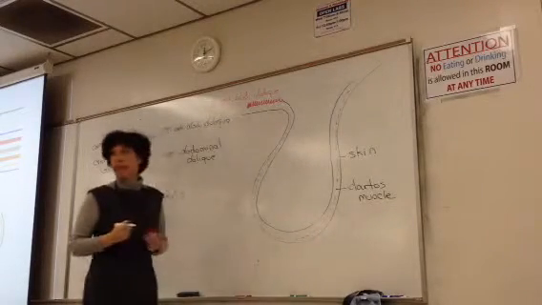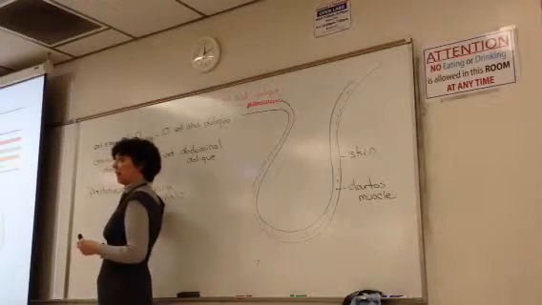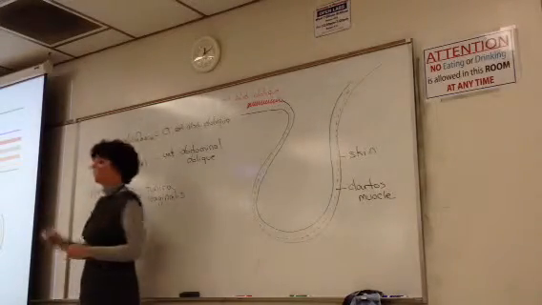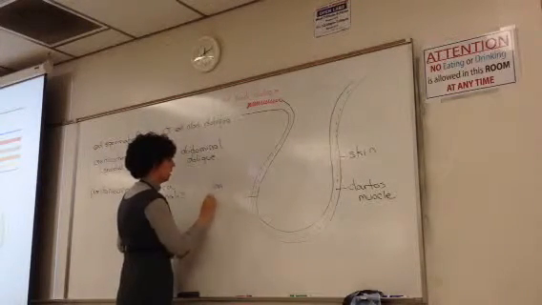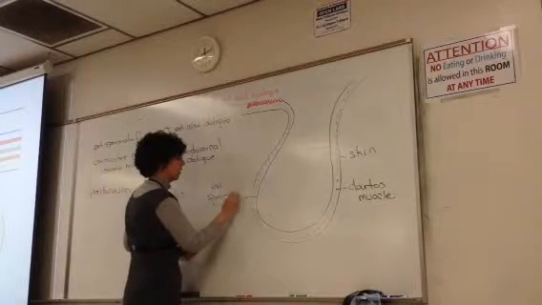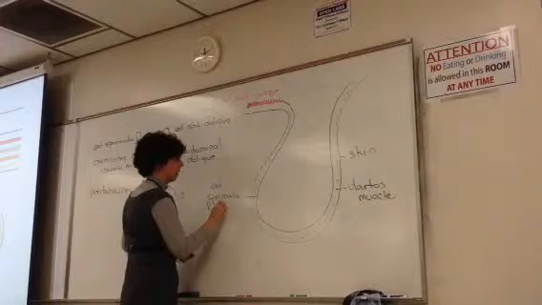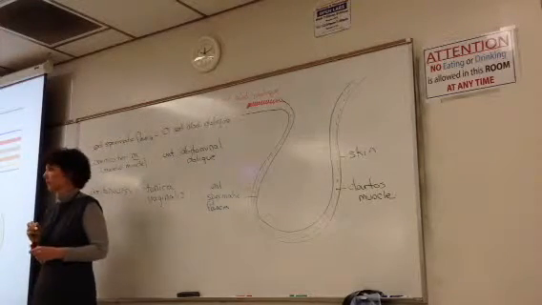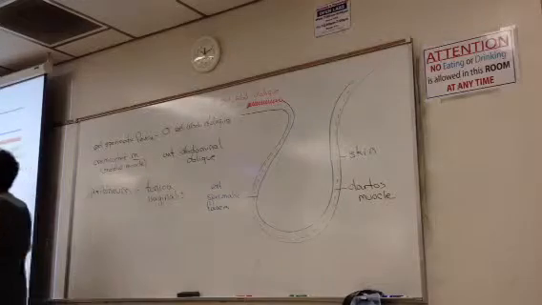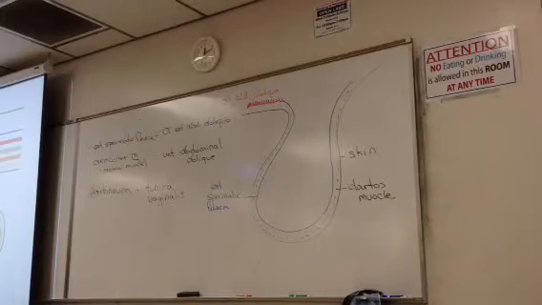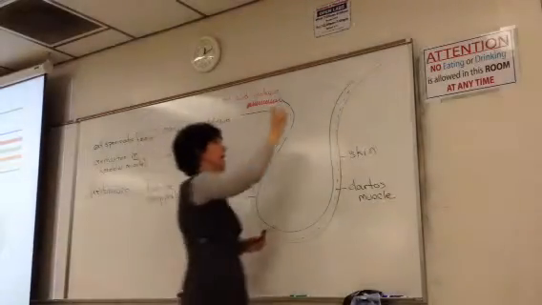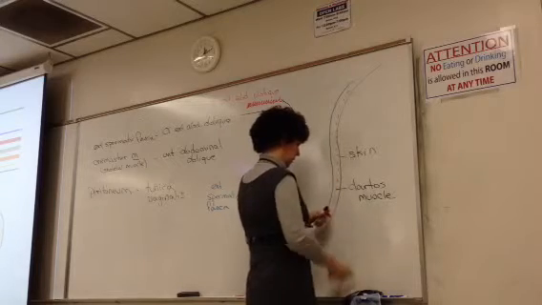So this layer would be the external spermatic fascia. This would be the internal abdominal oblique, and its fibers do completely extend into and surround the testis.